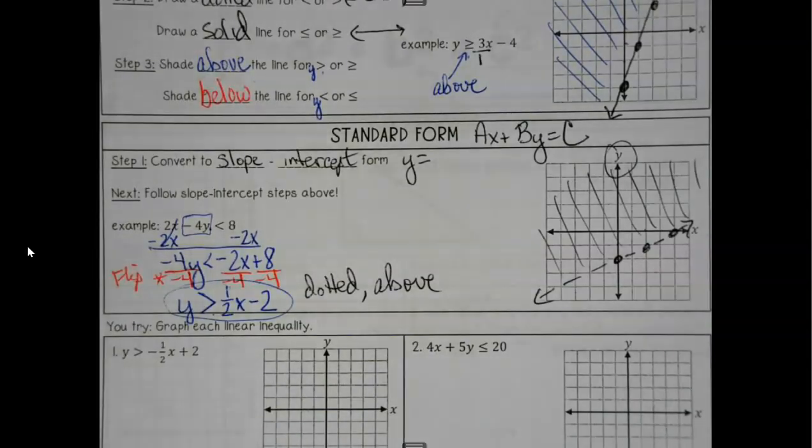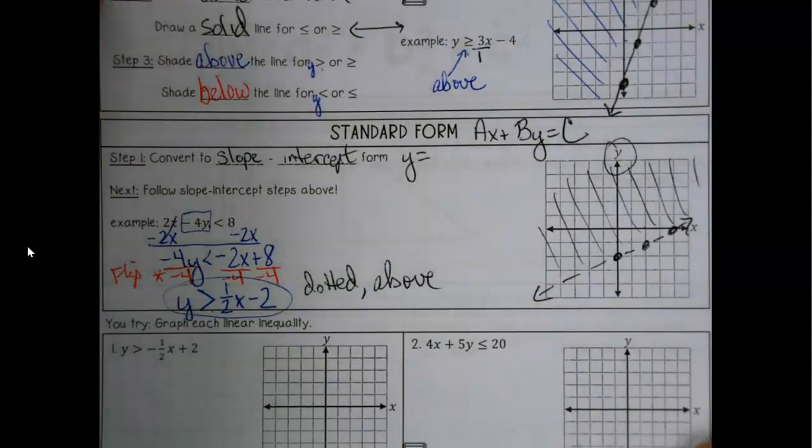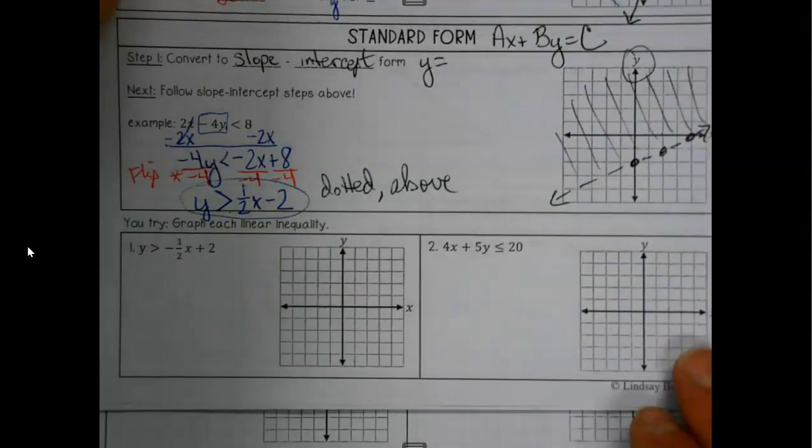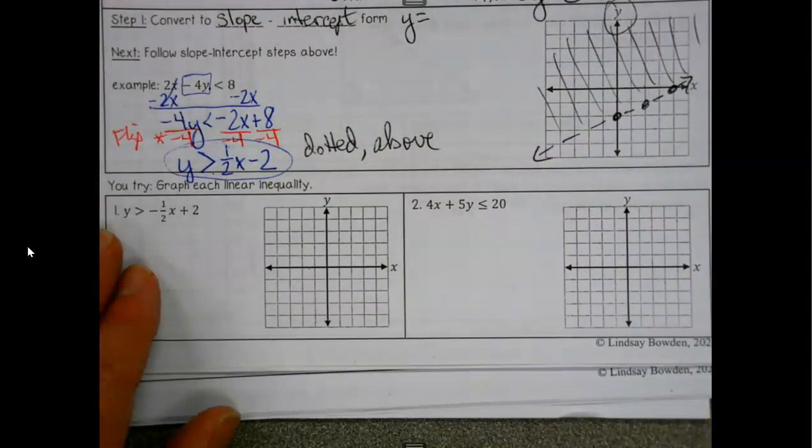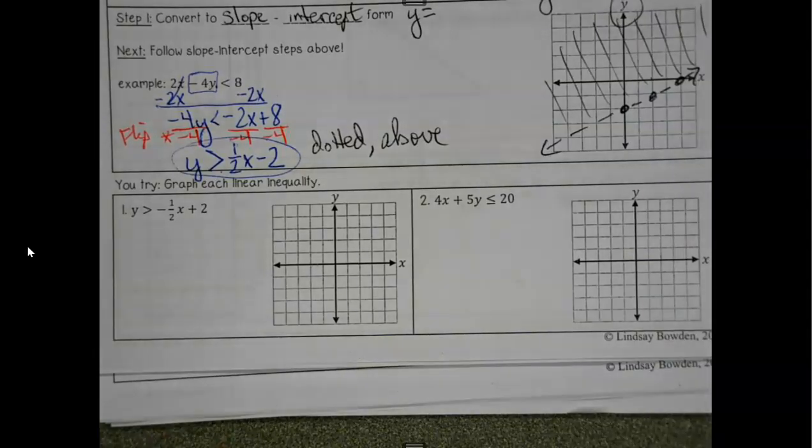So as we start to get down here to the bottom, I did one of each, because again, with the twists that we can run into, it can be a little interesting trying to figure out how everything goes. So let me do this. I'm going to freeze frame for a moment here, maybe. Okay, there we go. So try to graph these, watching out for what type of line and where you're shading.